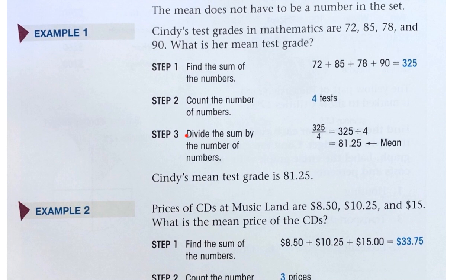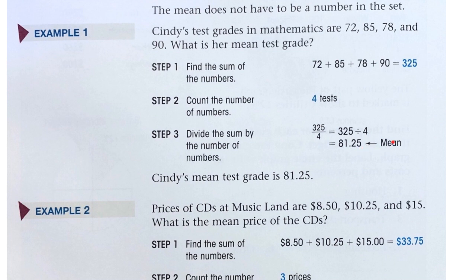Step 3, divide the sum by the number of numbers. So we've added all the tests up. She took 4 tests and got a total score of 325. Now to find what the mean is, we're going to divide that 325 into 4 parts, and that's going to give us 81.25.